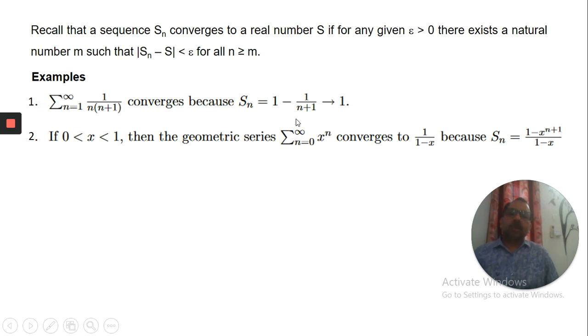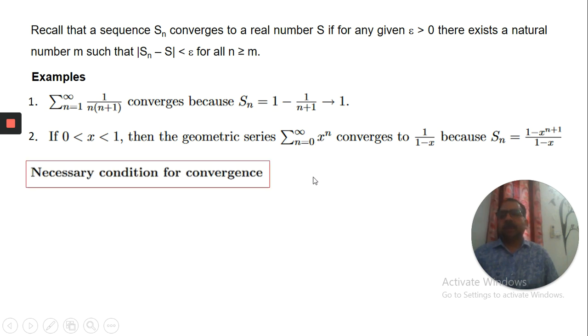So this infinite sum will converge to 1 over 1 minus x. From where do we get the convergence of the series? We get the convergence of the series from the convergence of this sequence. We know the limit of this sequence is 1 over 1 minus x. So convergence of the sequence implies the convergence of this series.